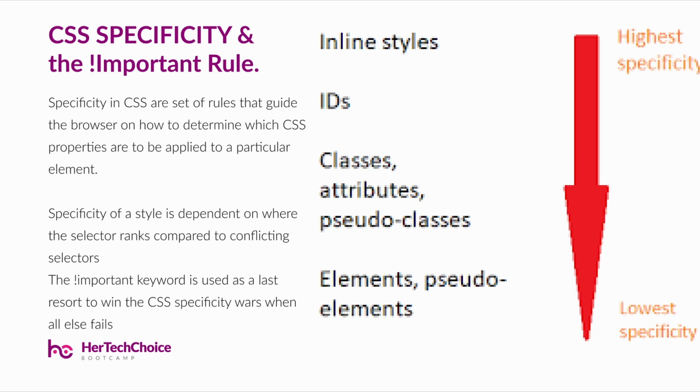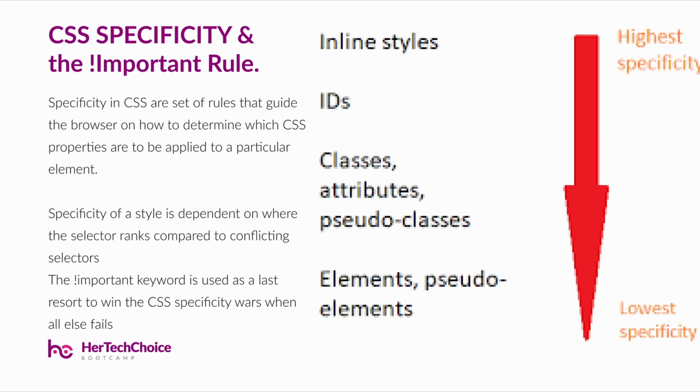Then we have the classes, the attributes, pseudo classes, before we have the elements and pseudo elements. So ranging from inline styles down to elements and pseudo elements, we have the highest specificity ranks to the lowest specificity ranks.